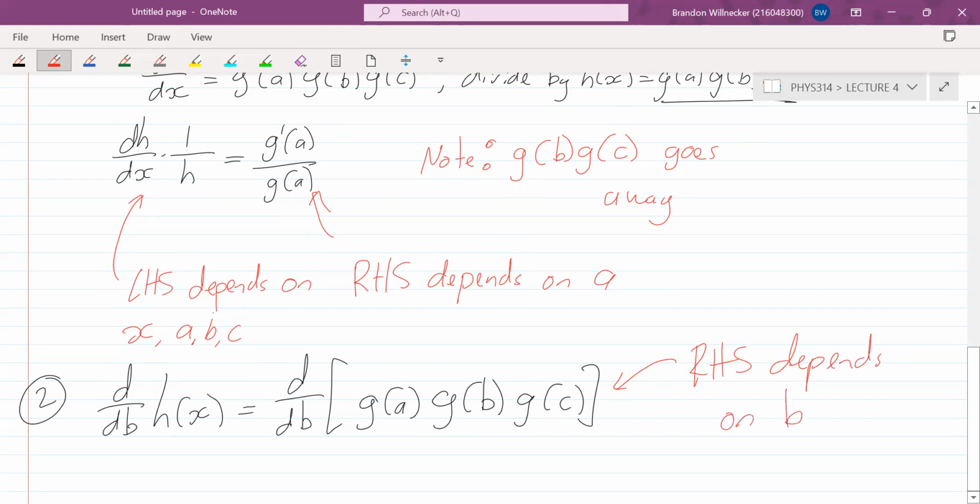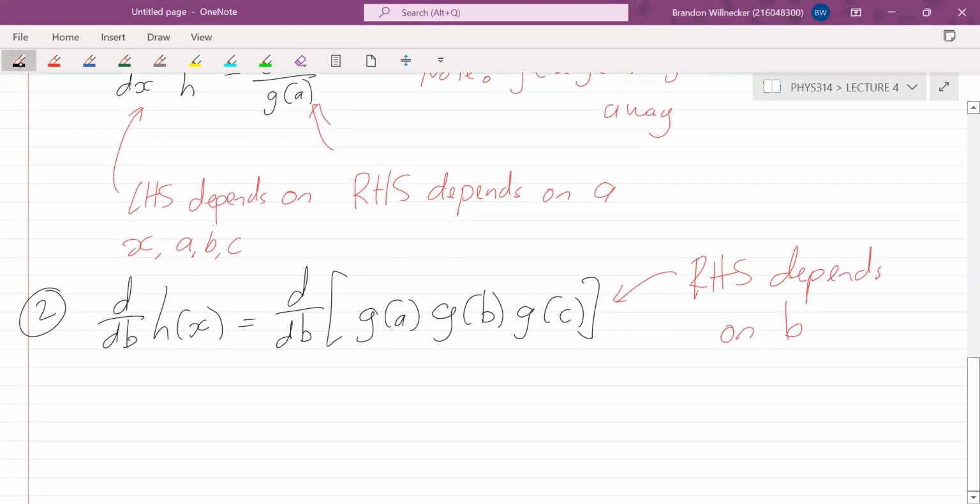And then you can do the same thing for C.